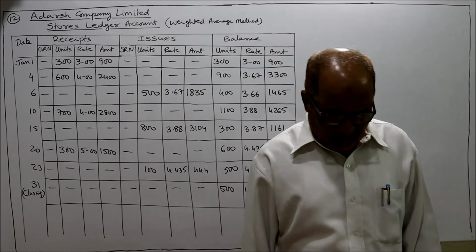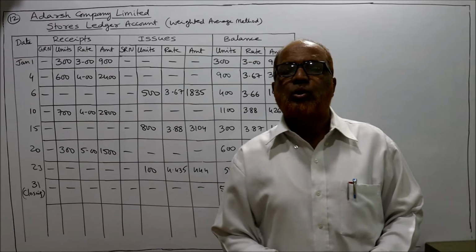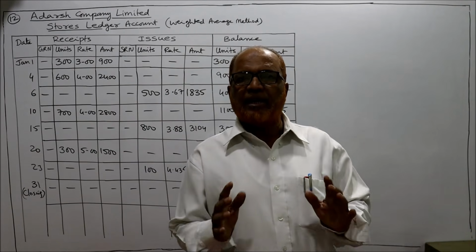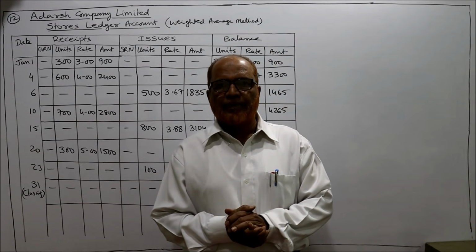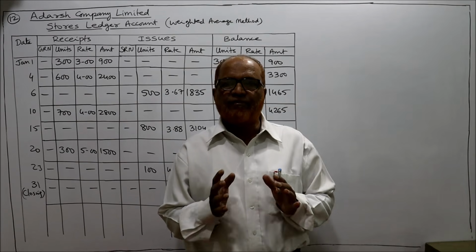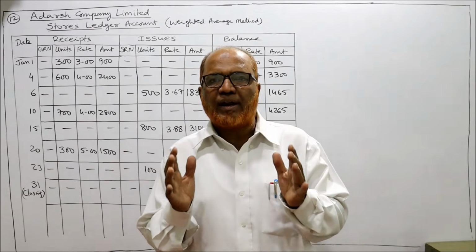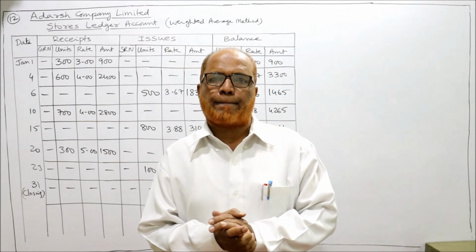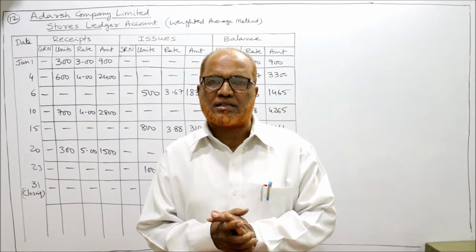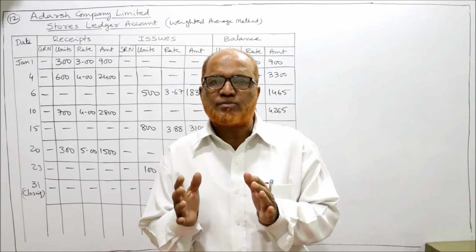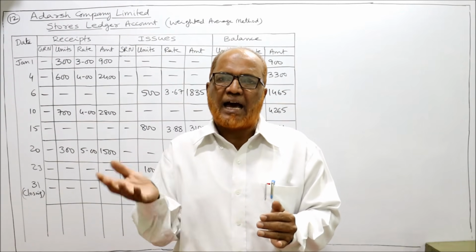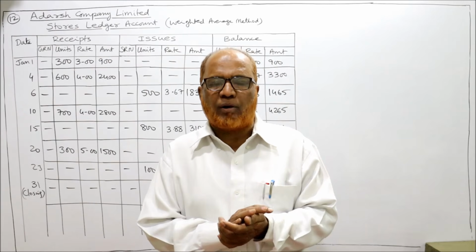Now the same problem, that is problem number 12, I have explained to you by the FIFO method, LIFO method and weighted average method. What is the difference? In the FIFO method, every lot is kept separate. Whereas in the weighted average method, when we purchase, we add up the quantity and add up the amounts.